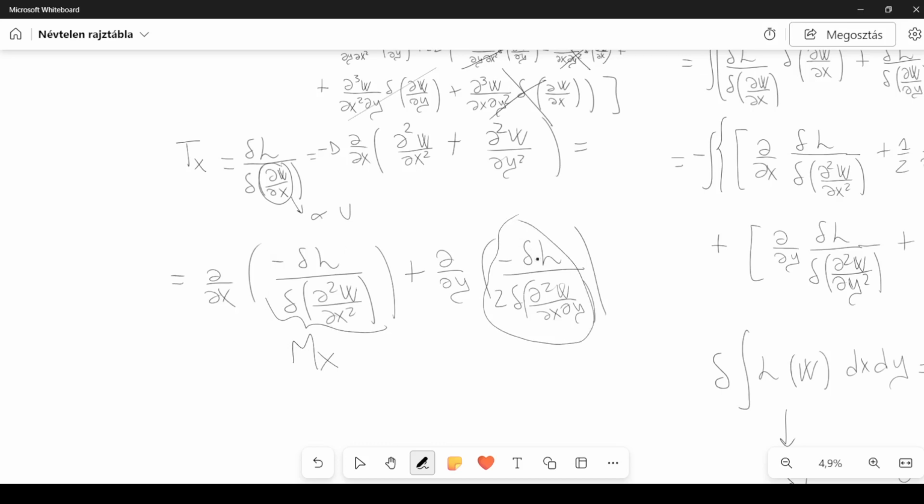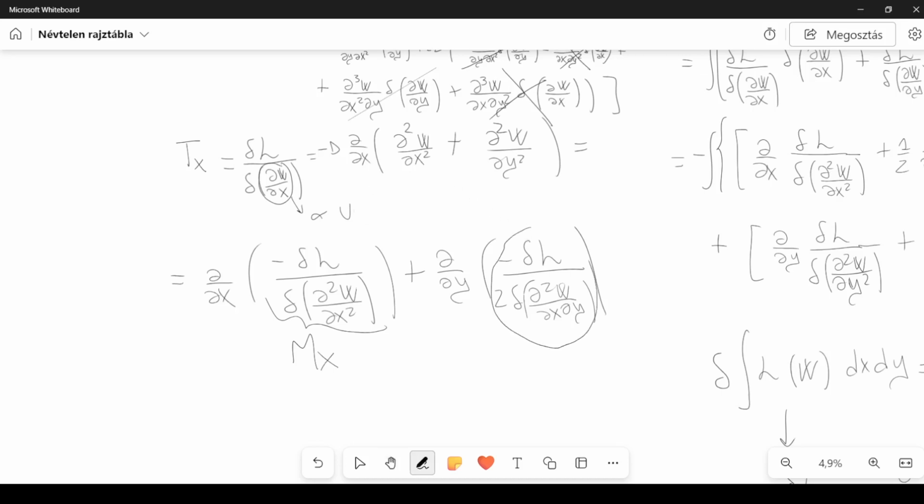Similarly, here, we take the variation of this Lagrangian with respect to this second derivative. The second derivative gives us some information regarding the so-called, quote-unquote, it's not really proper terminology, but it's some kind of mixed curvature in the x and the y directions.